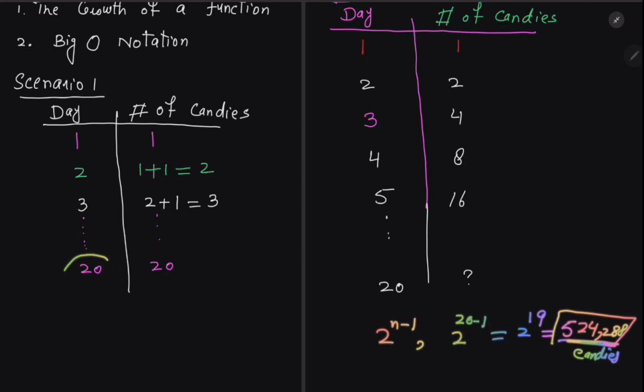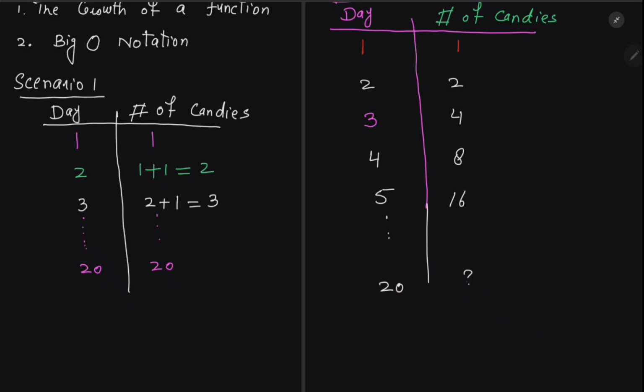And how many candies did you have in scenario 1 on day 20? You had only 20 candies. But here you have 524,288, around 0.5 million candies. There is a huge difference between these two.